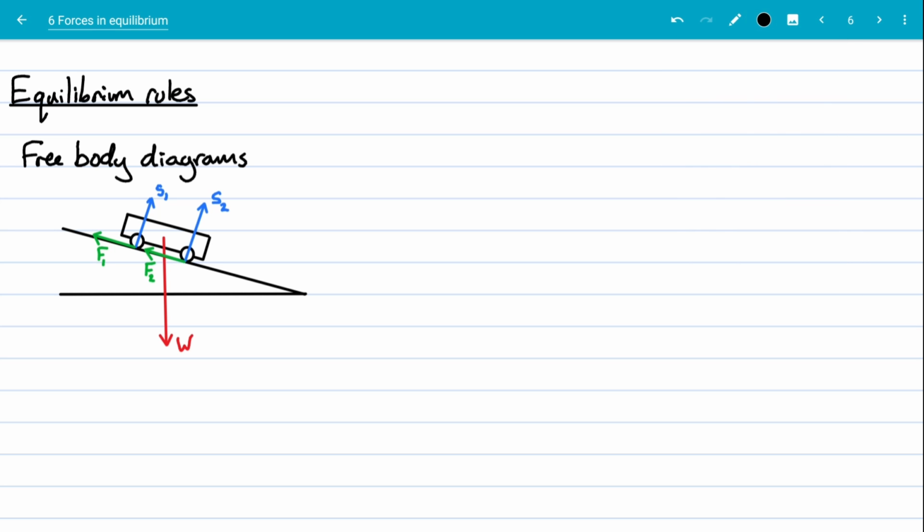So when we say this body is in equilibrium, we are saying that the vector sum is equal to 0.